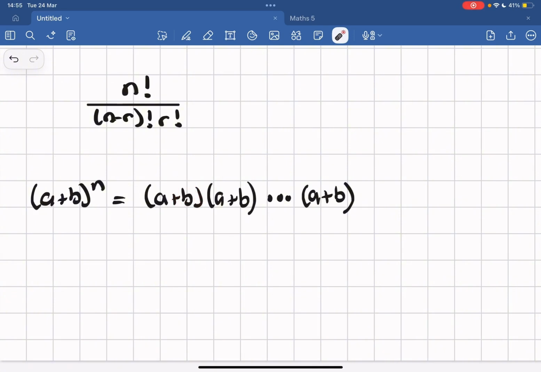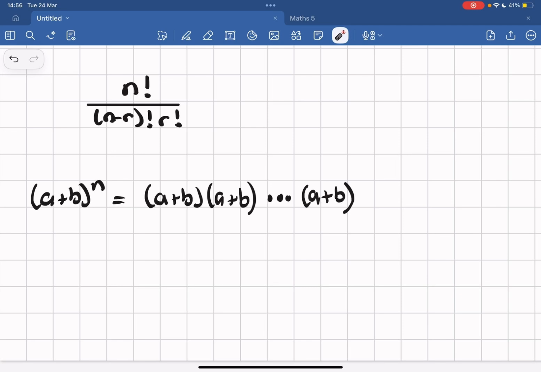To get a term like a to the n minus r times b to the r, we must choose b r times and then a n minus r times. So the number of ways which r brackets give us b is exactly n choose r. So this becomes the coefficient of that term you're looking for.